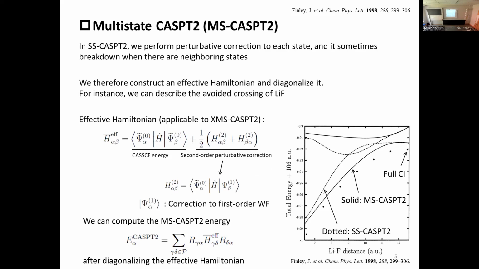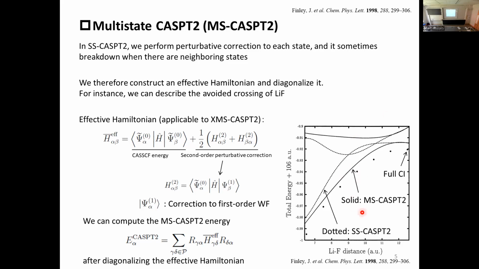So before going to the expressions for derivatives, I have to explain something about multi-state CASPT2, although I think the audience is very familiar with it. With single-state CASPT2, we cannot reproduce the avoided crossing of, for instance, lithium fluoride.